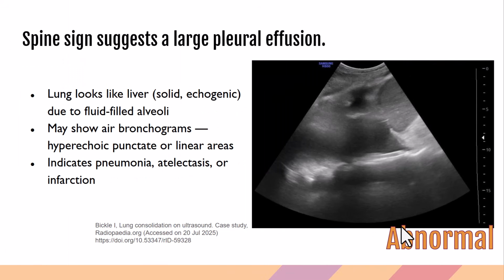The spine sign is also going to suggest an abnormality is present, specifically a larger pleural effusion. Now, normally when we're scanning the lung, diaphragm, liver area, we're going to see the liver, we'll see the diaphragm come across as a bright echogenic structure, and then we do see some vertebrae in the far posterior field.